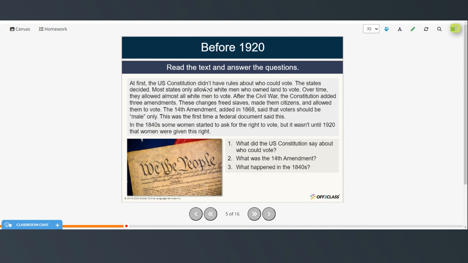Well, at first, there weren't any rules. It was left up to the states. And then after the Civil War, there were some changes made. The 14th Amendment said that voters had to be men. And in the 1840s, women started to ask for the right to vote.